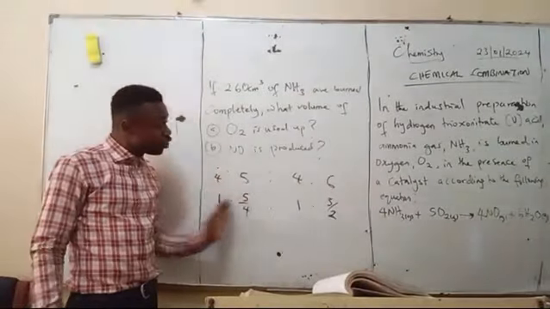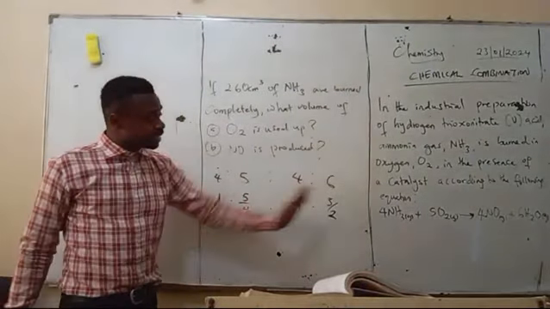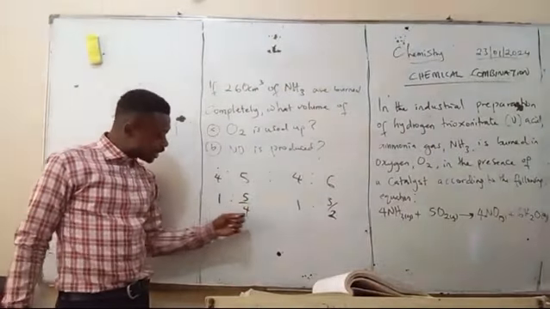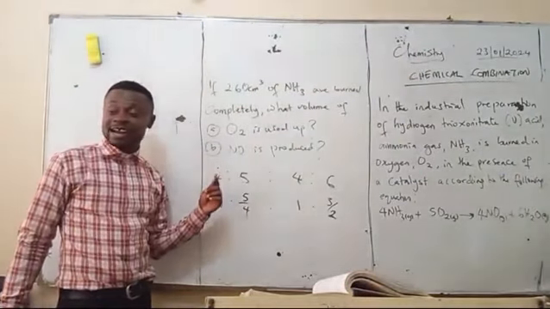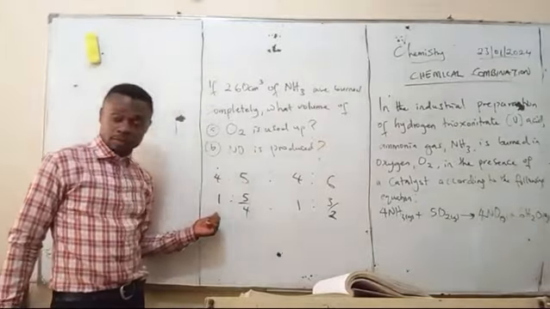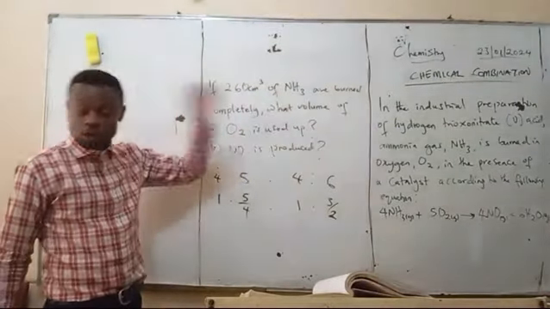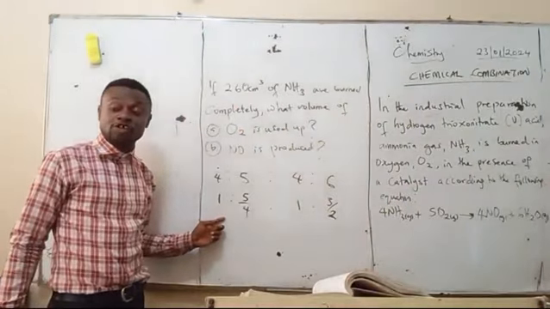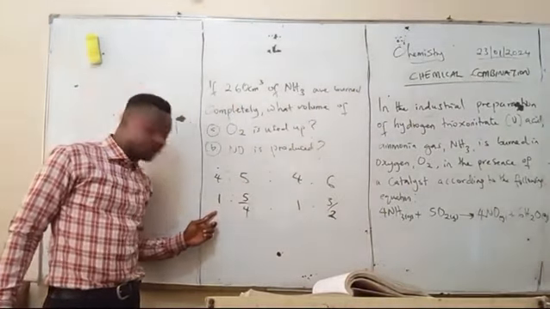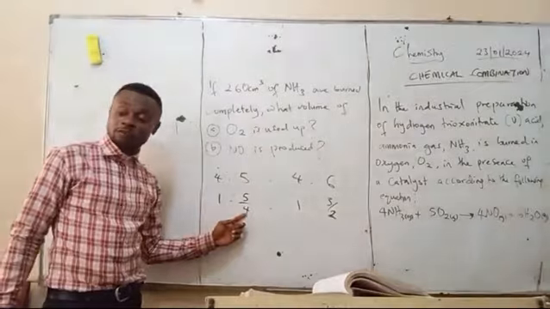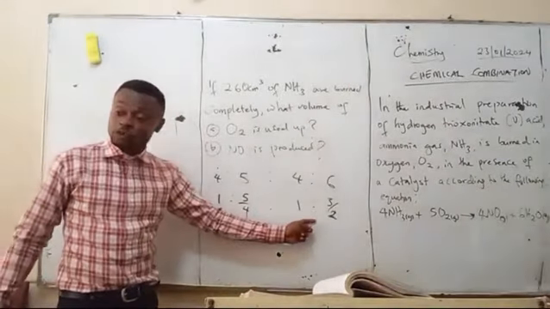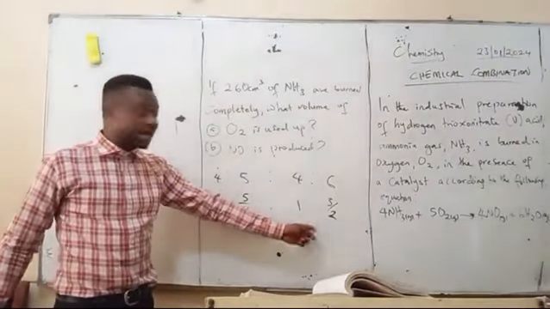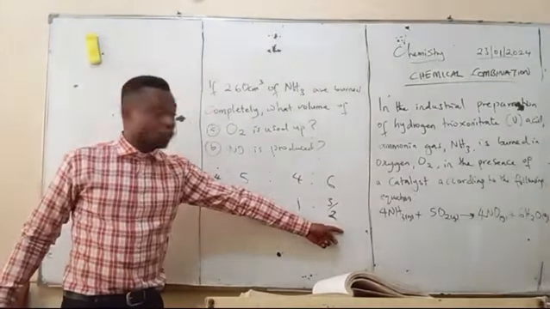And if the reactants and products are in gaseous form, this can also be regarded as volume. So this 1 mole ratio can also be regarded as 1 volume, 5 over 4 volumes, or cm cube, 1 volume of nitrogen(II) oxide, and 3 over 2 volumes of what?